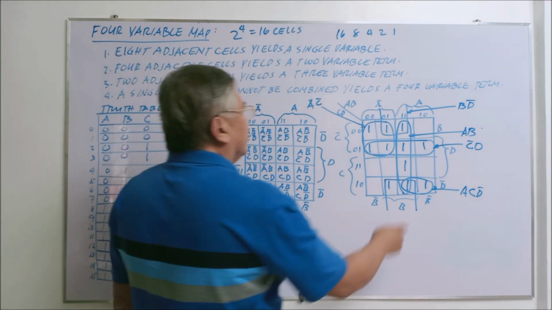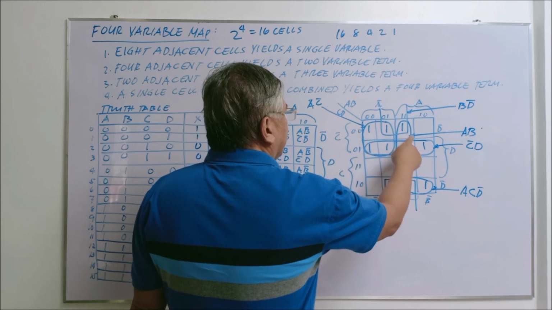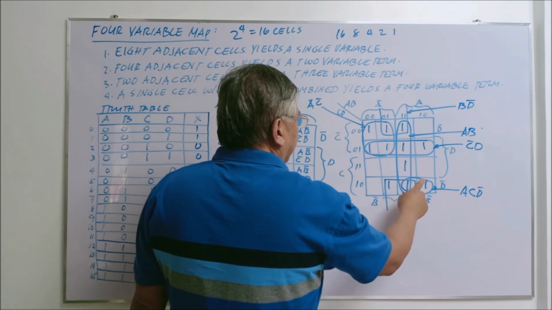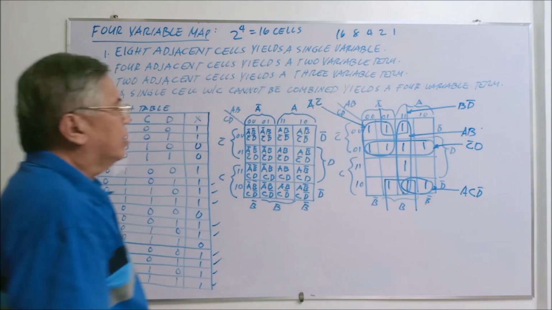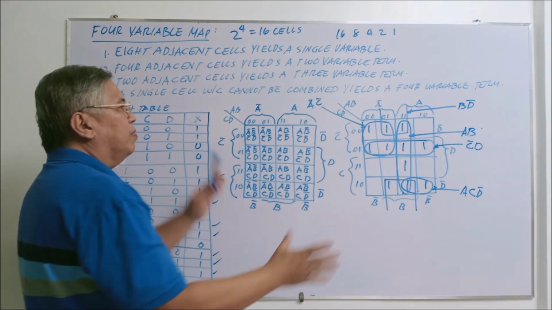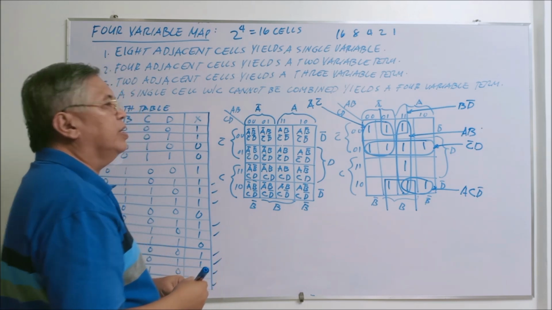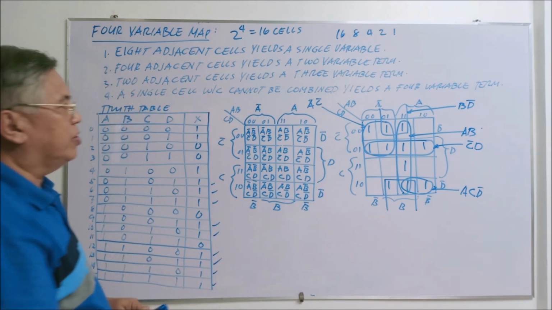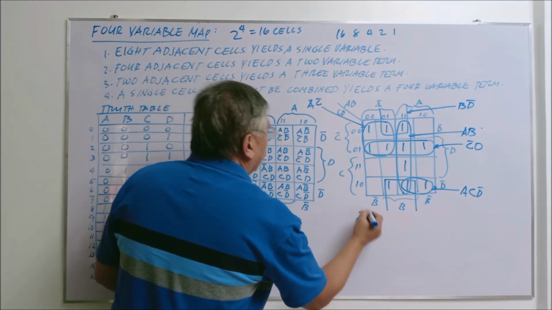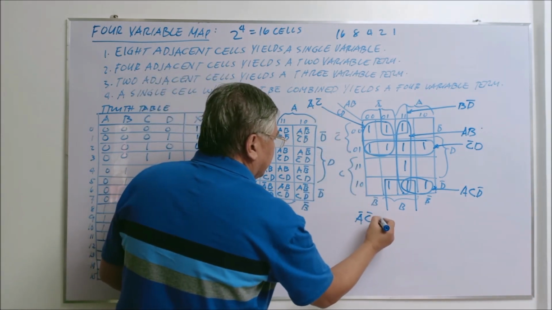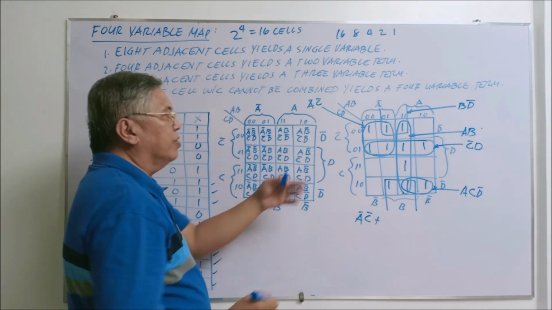So how many groups do we have? 1, 2, 3, 4, 5. So you have 5 equations. Then we put them together using the sum of product expression. So our equation will be A bar, C bar. Again, this can be in any order.